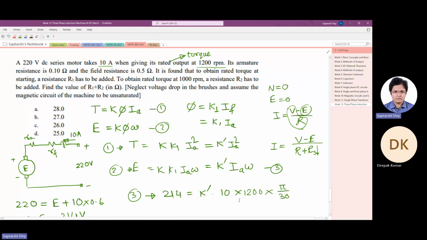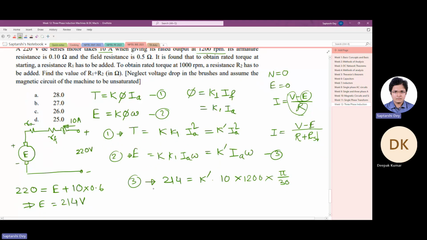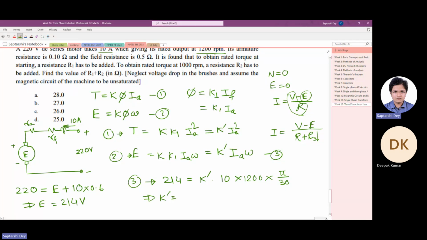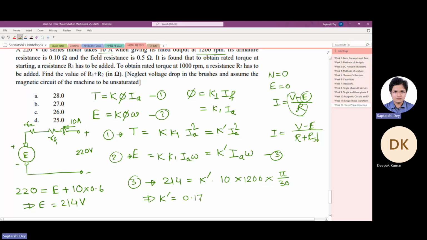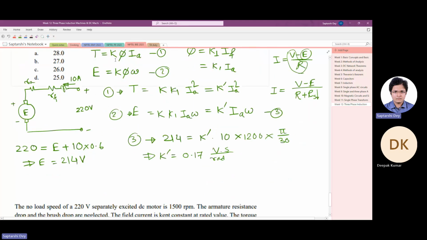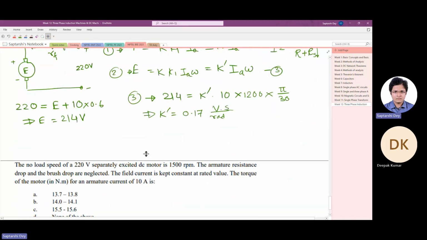So K prime becomes, if you calculate, 0.17 volt per radian per second, or you can say volt second per radian. This is the motor constant that remains constant throughout.